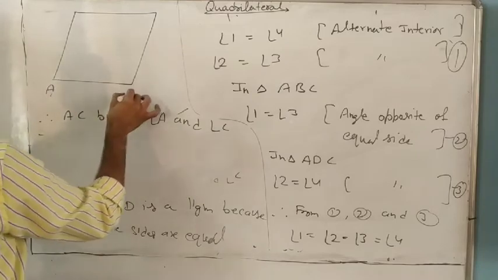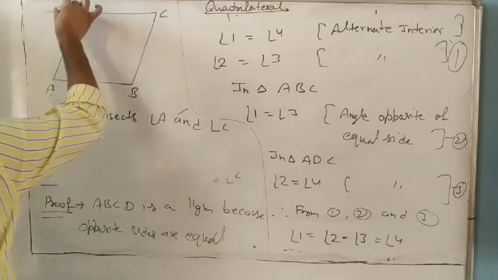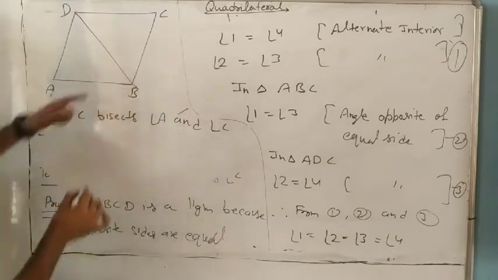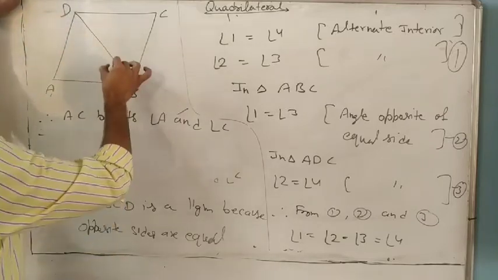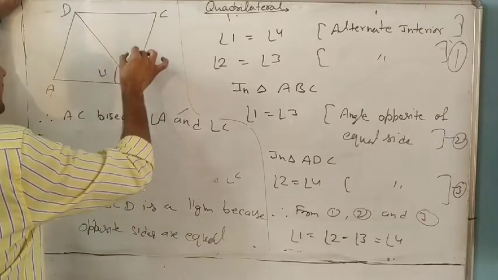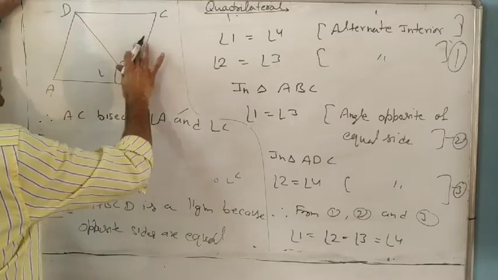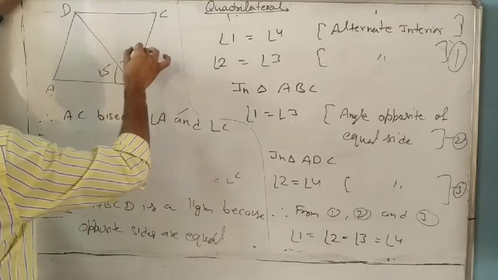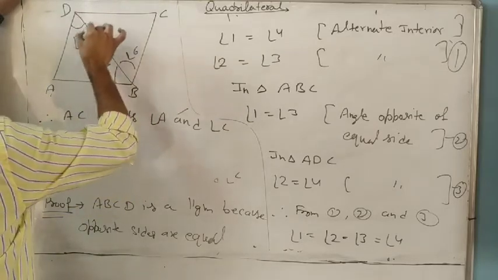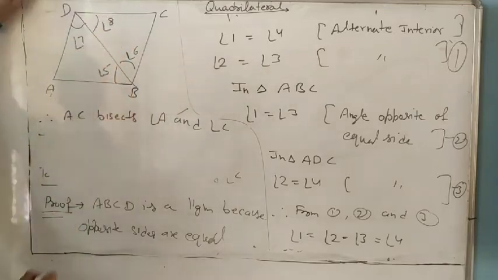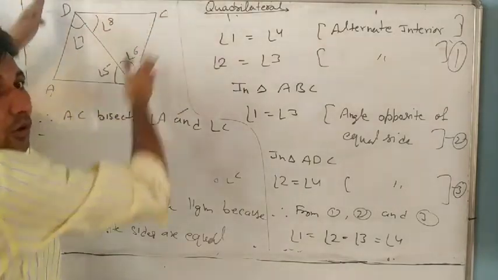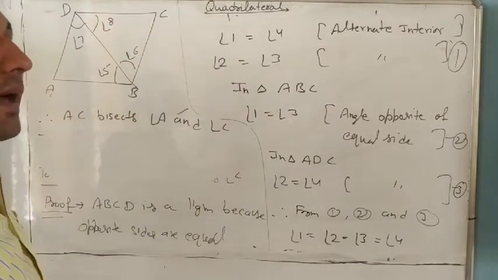So BD bisects angle B and D also, same as it is. We will say angle 1, angle 2. Otherwise, you can say angle 5, 6, 7, 8. It is a rhombus, and a rhombus means opposite angles are equal, it is a parallelogram.